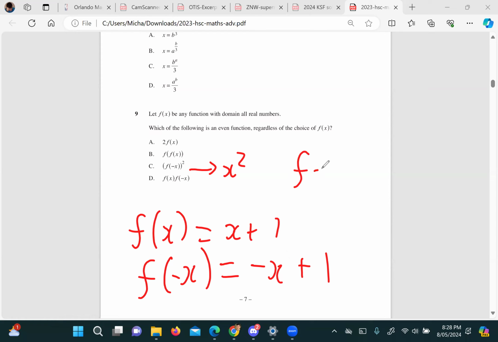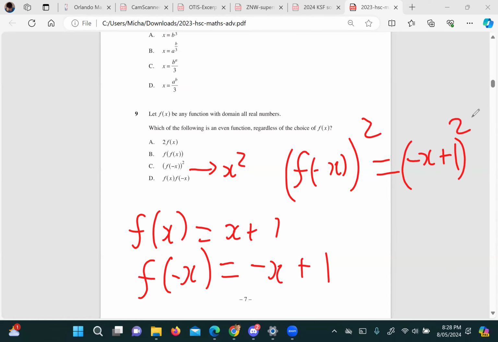And then f of minus x all squared is just this thing squared. So minus x, so it's 1 minus x really, squared. And what happens if you square that? So it's x squared. What else?